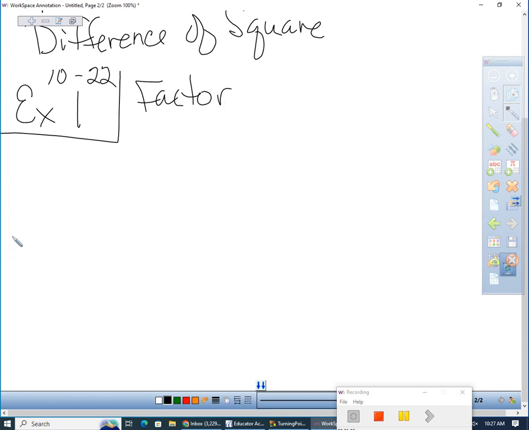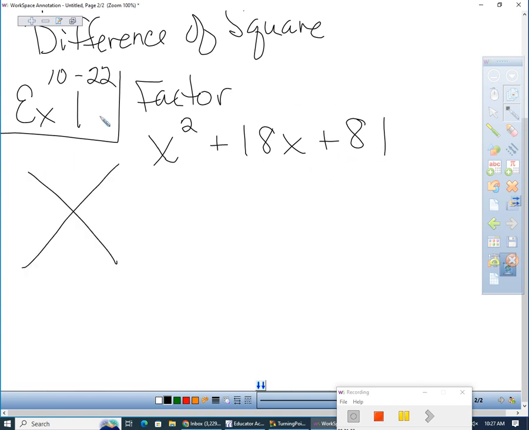We're going to start by factoring something as wonderful as x squared plus 18x plus 81. So first we take out the greatest common factor. Is there one? No. Then we draw our x. Last number times the first is 81. Middle number is 18. What are the sides of my x? 9 and 9.